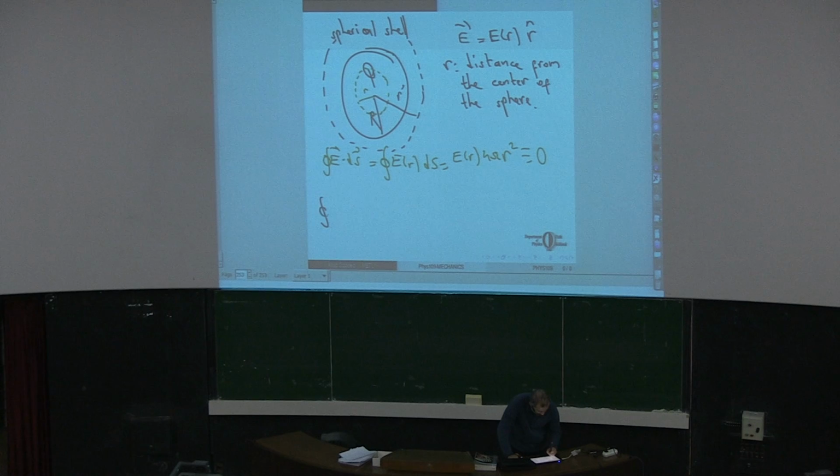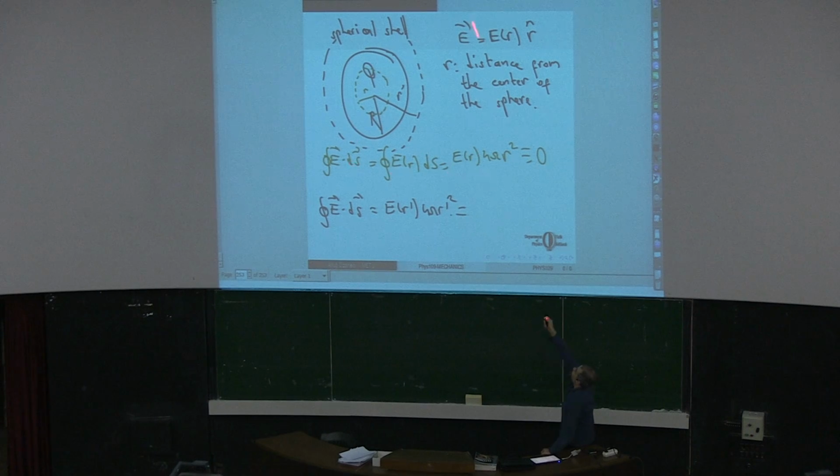The calculation of this Gauss integral will be the same. It will be E times 4 pi r prime squared. It's just the same result. Here we only use the fact that we are integrating over a sphere. We didn't really use whether this sphere was inside or outside the shell up to this point.